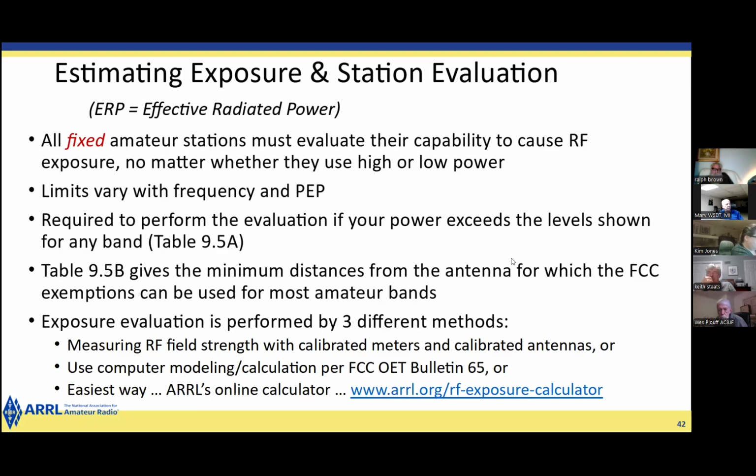Exposure evaluation is performed by three different methods: measuring RF field strength with calibrated meters and calibrated antennas, using computer modeling, or calculations per FCC OET Bulletin 65, or the easiest way is just to use that online calculator. So let's try that. Let's see if we can get to that calculator here.